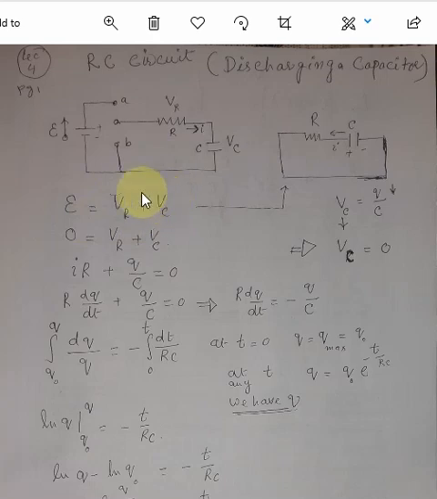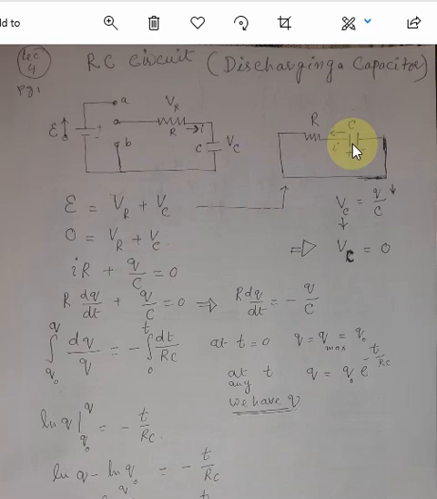So let's start again with the same equation. E is equal to VR plus VC. VR is the voltage across the resistance R, and VC is the voltage across the capacitor C.